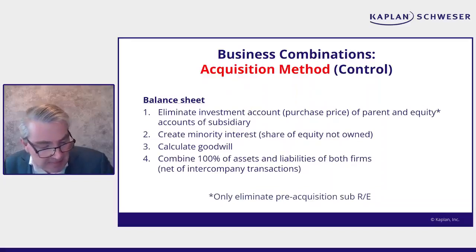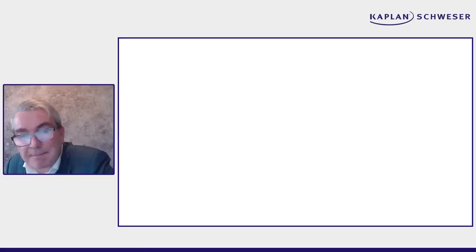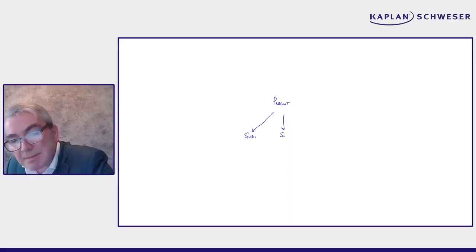I'm just going to flip to a white screen for a second, just to explain what I mean by that. So let's imagine you've got a parent company. Okay, and the parent has some subsidiaries, subsidiary 1, subsidiary 2, subsidiary 3.